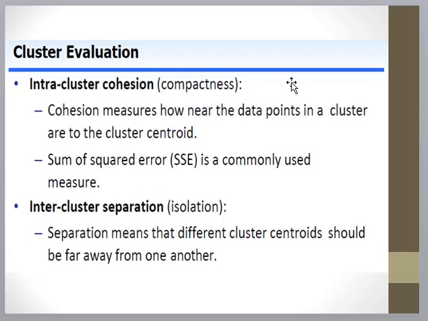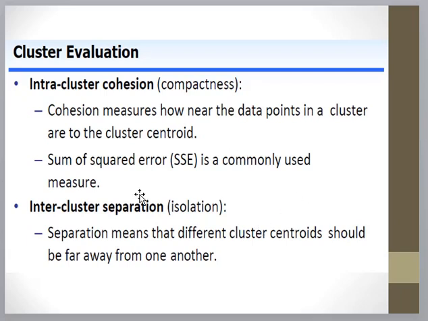In compactness, we are trying to measure the cohesion of the data points in a cluster near the cluster centroids, and this can be calculated as the squared error or the sum of the squared error, which is a commonly used measure to find the compactness of the cluster.